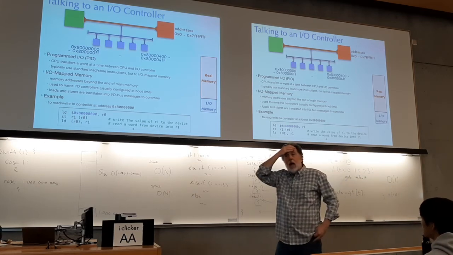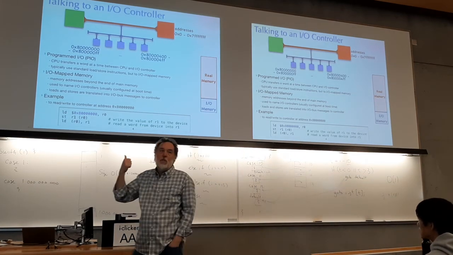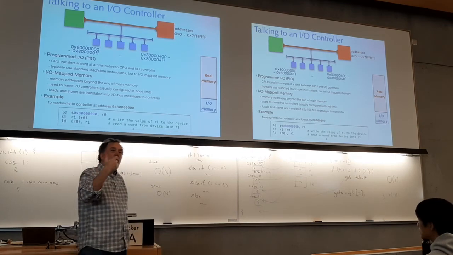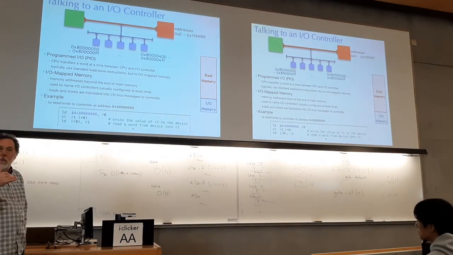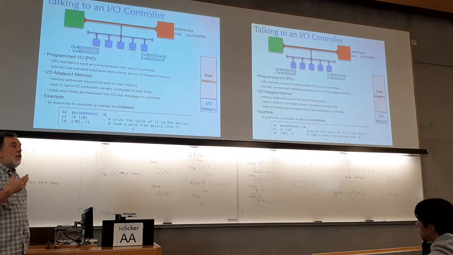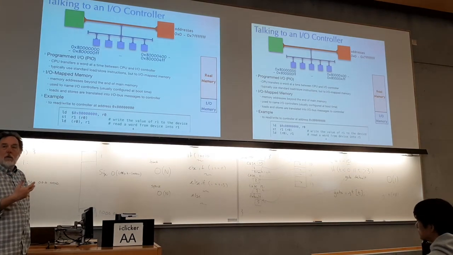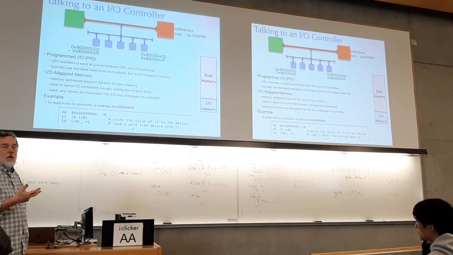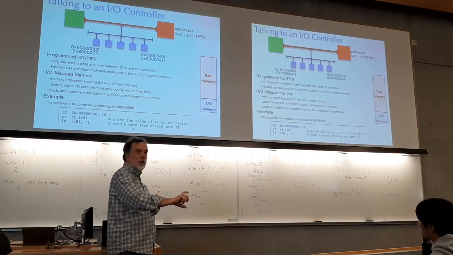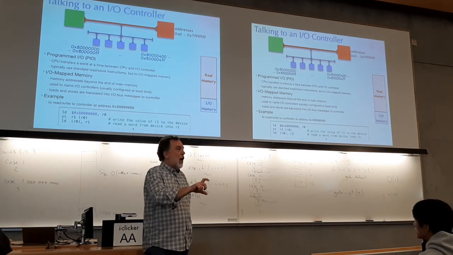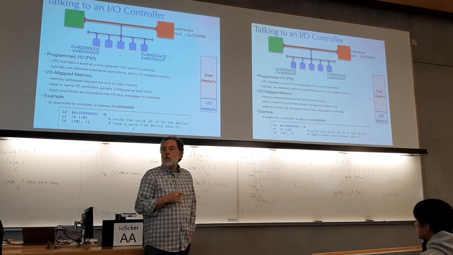machine code. And in our ISA right now, we have three kinds of instructions: instructions that do math, control flow instructions that do jumping and branching, and instructions that access memory, loads and stores. So what we could do is add a fourth kind of instruction designed to communicate with I/O controllers.